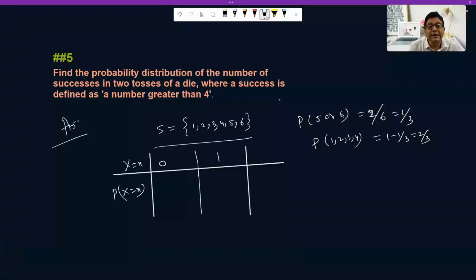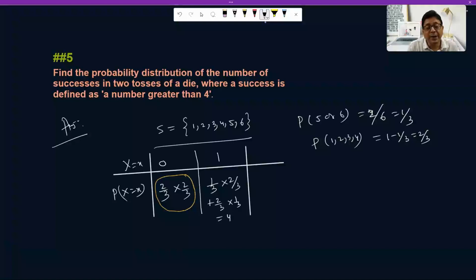So when you are not getting it, the probability here is 2 by 3, multiplied by 2 by 3. Why? Because first time you are getting a number not equal to 5 and 6, second time also not equal to 5 and 6. Going to be like this. It may come once. So first case you are getting this one, this probability, second case you are not getting. Or first case you are not getting 5 or 6, then you are getting it.